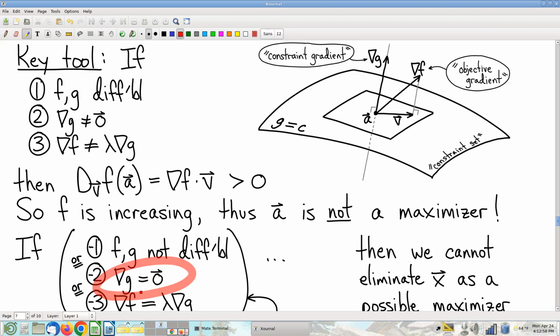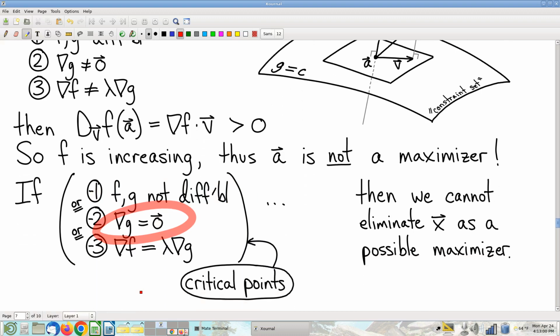Points where the gradient is zero, and then it doesn't define a direction, and the argument fails. Points where the gradient of f is a multiple of gradient g, the argument fails.